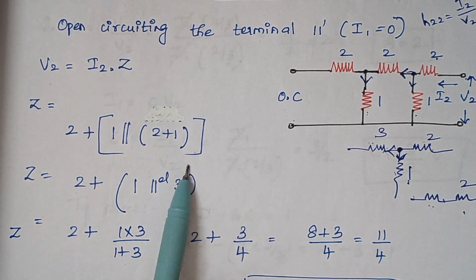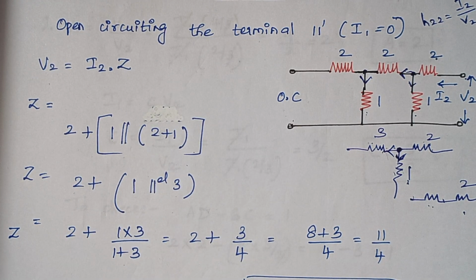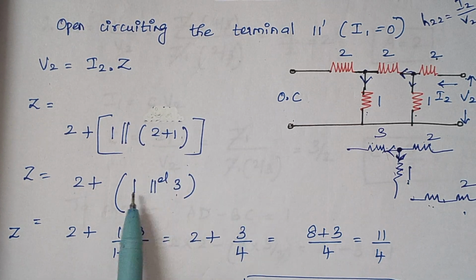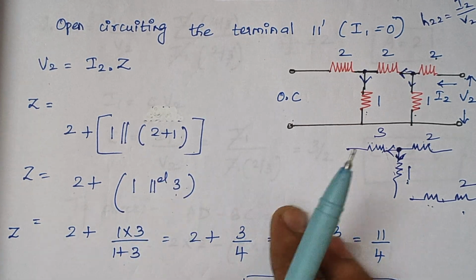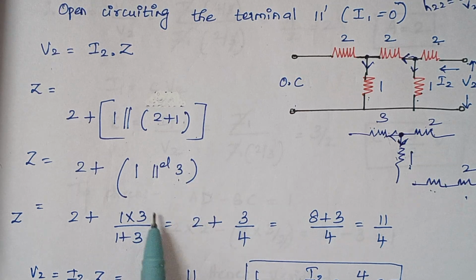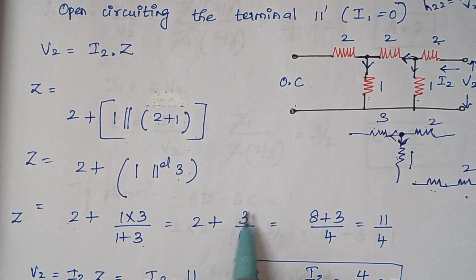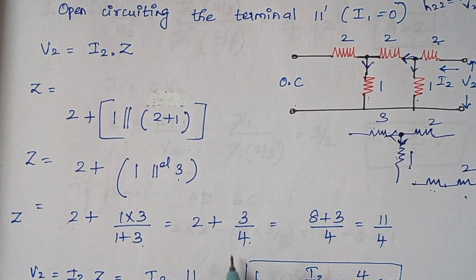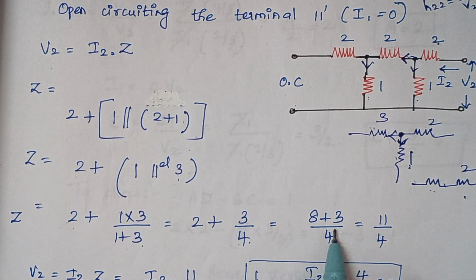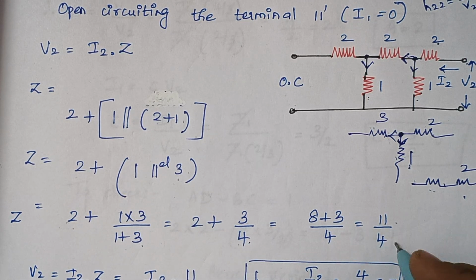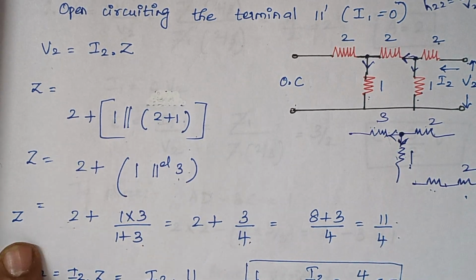So this is what is written here. Now when you solve, 2 plus 1 is 3, and 1 parallel with 3 is 1 into 3 by 1 plus 3, so it is 3 by 4, and this comes in series with this 2. So 2 plus 3 by 4, when you take LCM, 4 2s are 8 and 8 plus 3 gives you 11. So it is 11 by 4. This is the value of your Z.